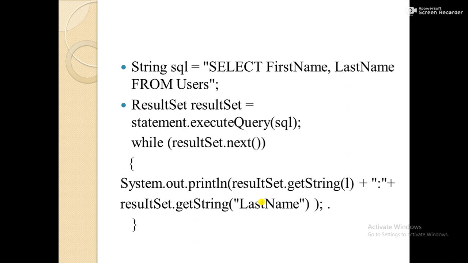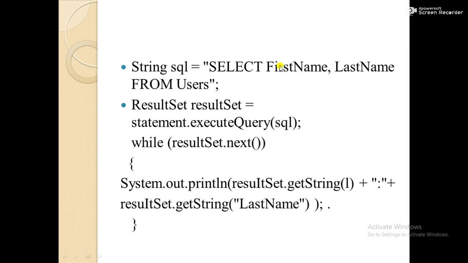Then this is one of the syntaxes of an SQL result set. String sql equals select first name, last name from user. Here user is one of the tables present in the database, and in that table the records first name and last name are present.